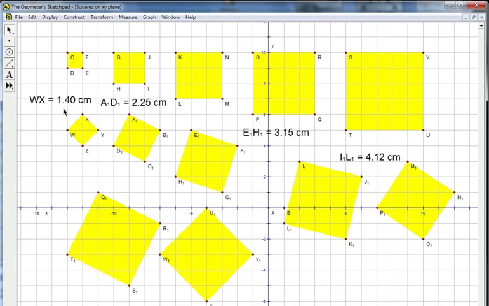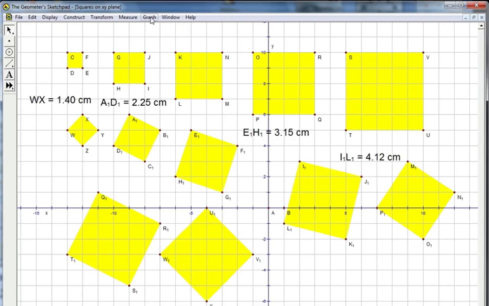These measurements that we find here, 1.4, 2.25, 3.15, and 4.12, are approximations of the real distances because the square roots are non-repeating, non-terminating decimals.